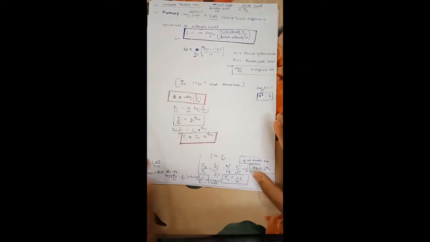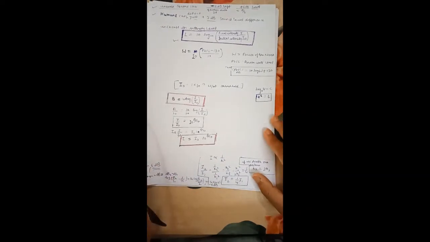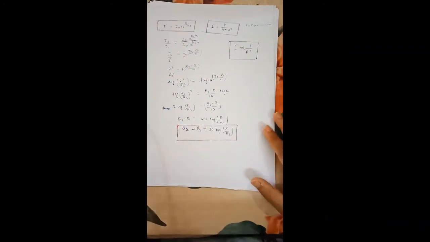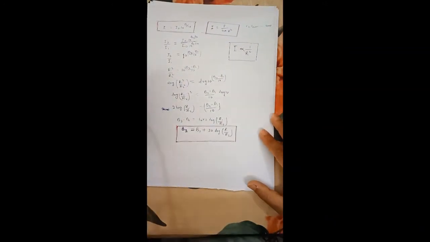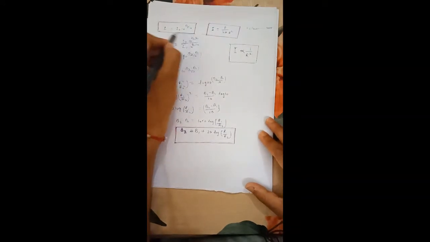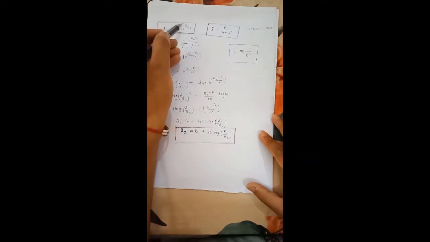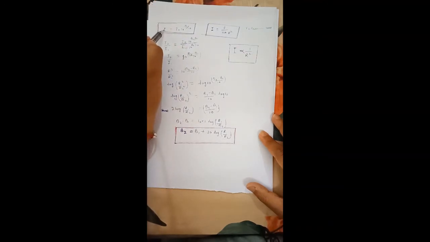So this was the equation we were solving at that time, and after solving we get this intensity I is equal to I naught 10 to the power B by 10, and you can put L in place of B. So this is also an important formula.